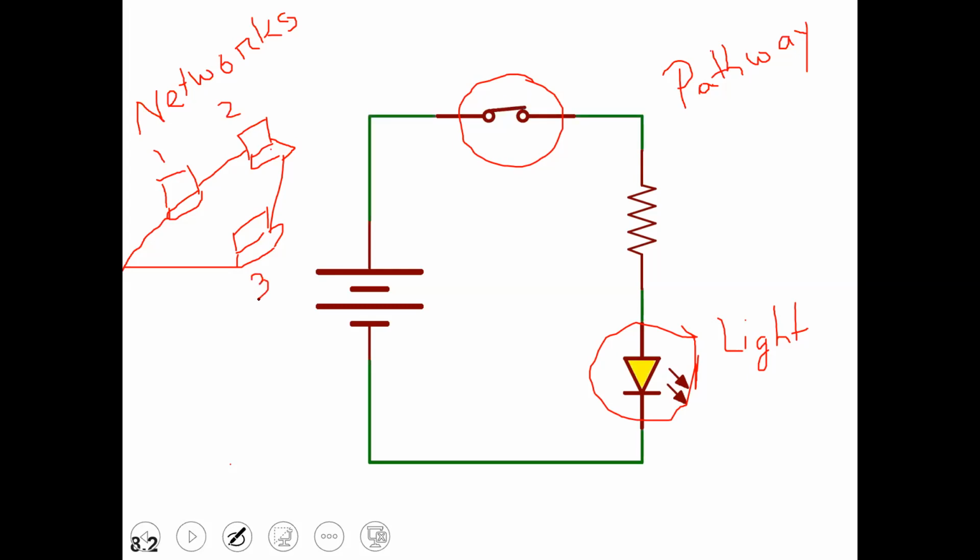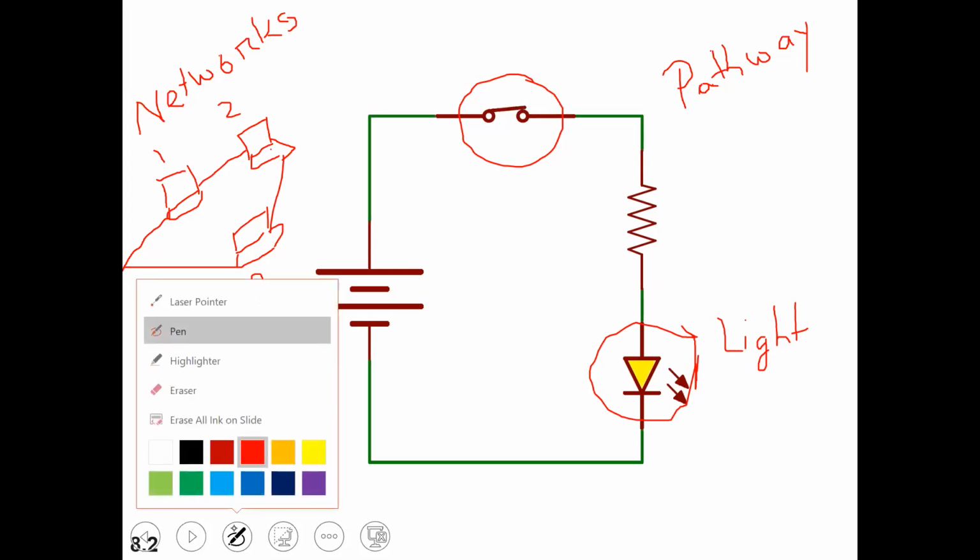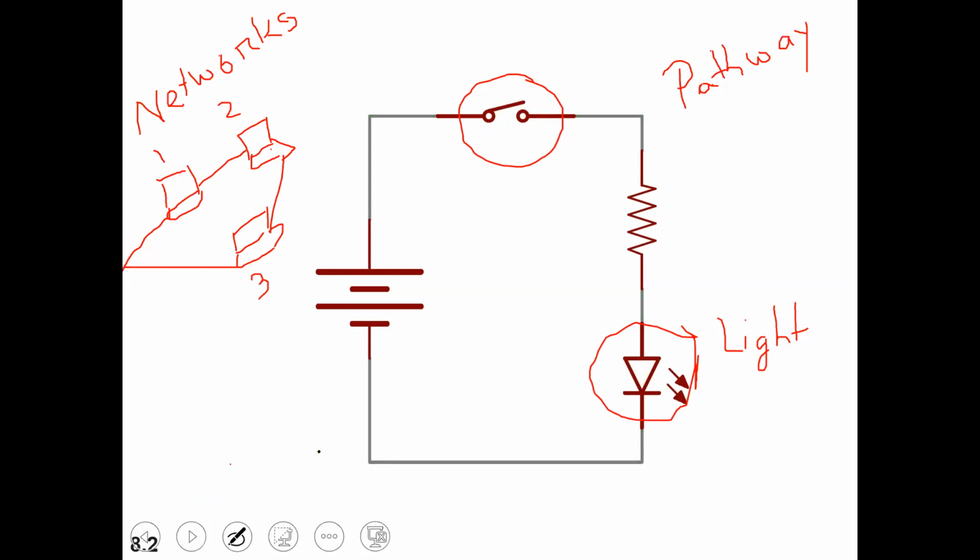You have 3 different devices and they are connected using links. Device 1 and 2 are connected using this link. Device 1 and 3 are connected using this link, and 2 and 3 are connected using this link. These are called point-to-point connections, where each of these has a link dedicated to it.